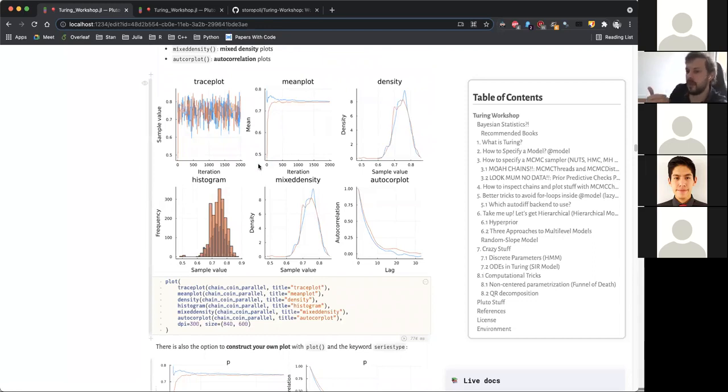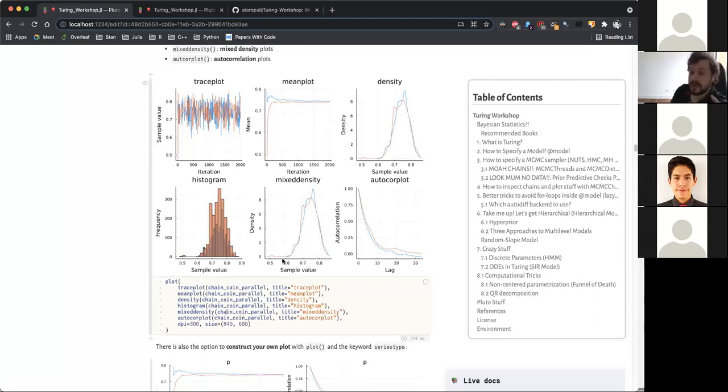If I have more parameters, the plot would accommodate for more parameters. I have the mean plot. I have the density plot, this one, the histogram for both chains, the mixed density also for both chains, and I have the autocorrelation plot. This is the lag, and also for both chains.